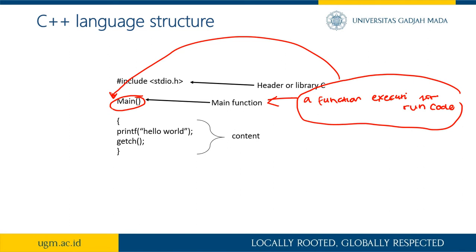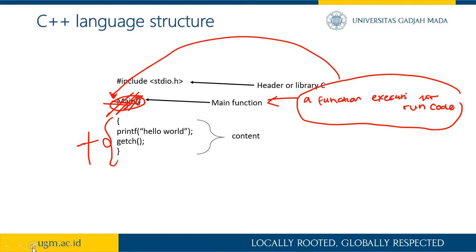If the program doesn't have any main function here, then it will never be executed. So main is a function that will be called at the first time when the code is running. Without it, your code will never be executed.